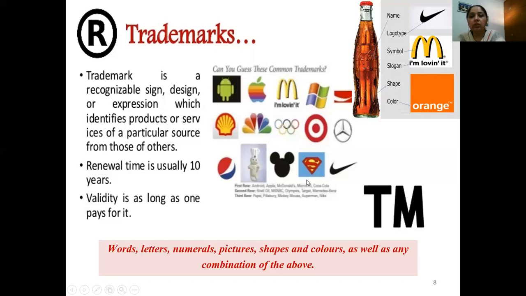So these are the different trademarks, and nobody can copy these trademarks without the consent of the owner. These trademarks are protected. So this is one category of IPR, which is called trademarks, which is a recognizable sign or expression which identifies products of a particular source. If you have this trademark, you know that it belongs to Apple, and nobody else can use that.